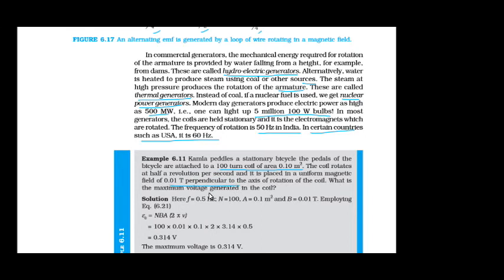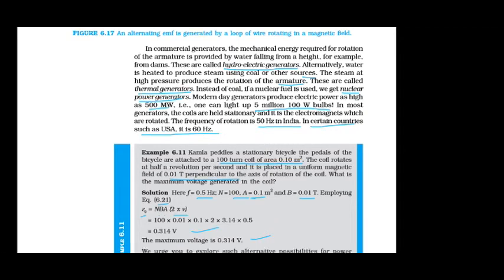What is the maximum voltage generated in the coil? So nu is equal to 0.5 Hz, N is equal to 100, A is equal to 0.1 meter square, B is equal to 0.01 Tesla. Now from equation 6.21, E naught is equal to NBA 2 pi nu. Just put the values to get the maximum voltage.